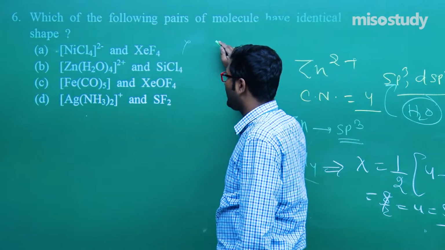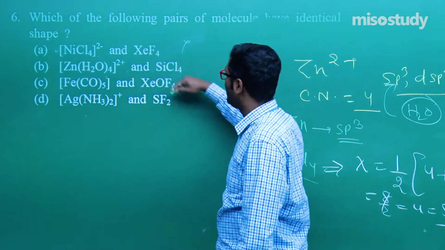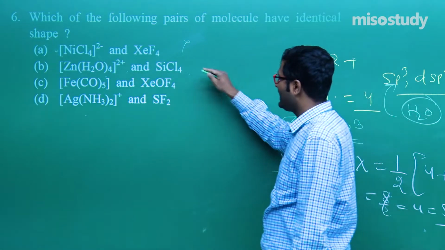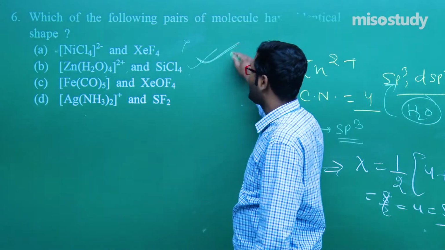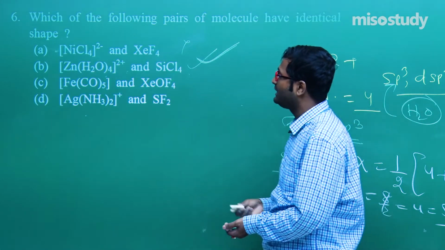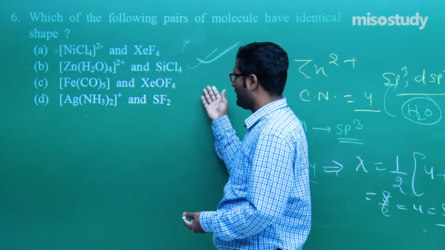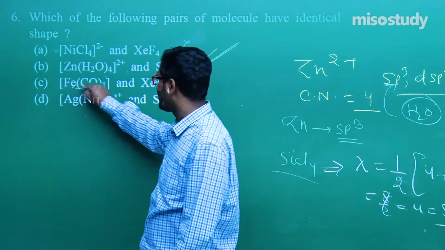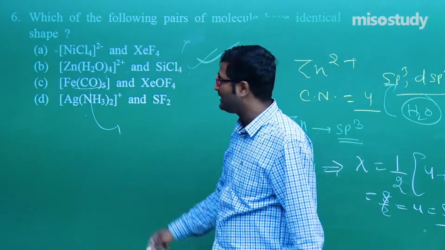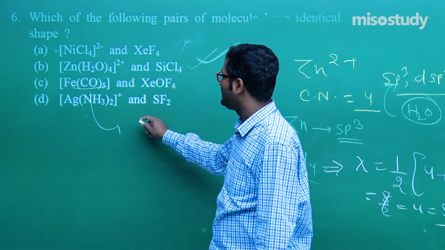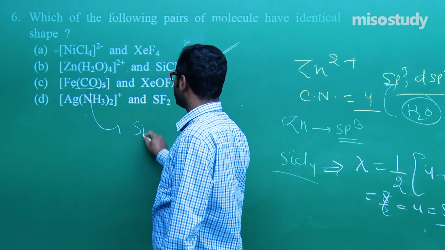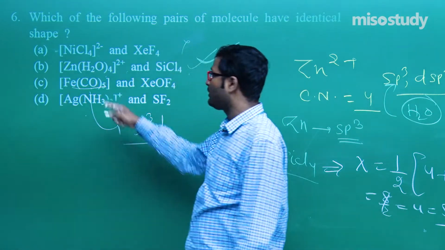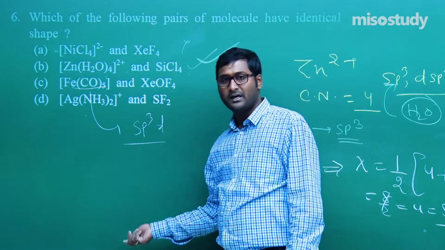And if I talk about Zn(H2O)4 and SiCl4, then here it is sp3. This is a single option type question. We do not need to check the other options, but if I check them, you can easily solve. Again, if I talk about Fe(CO)5, then it has hybridization sp3d, because the coordination number is 5.